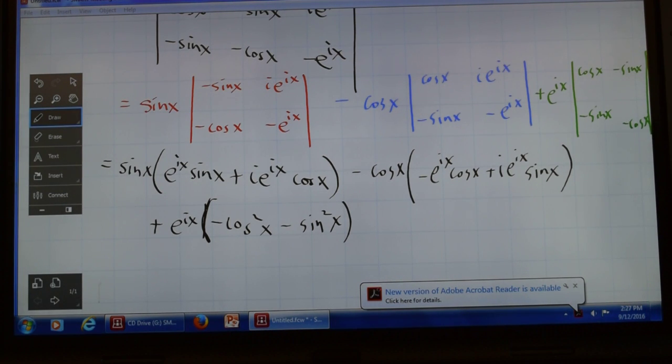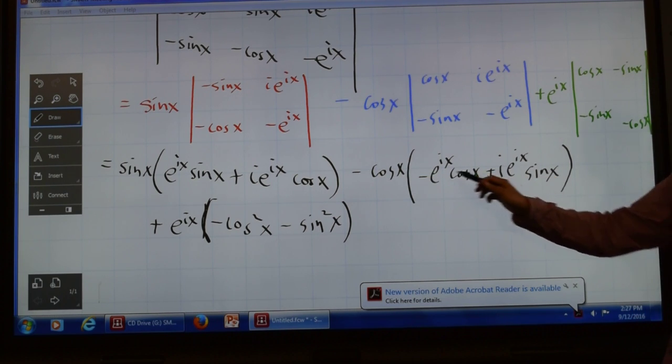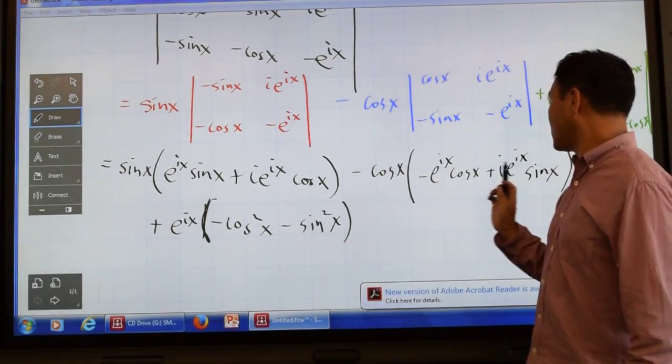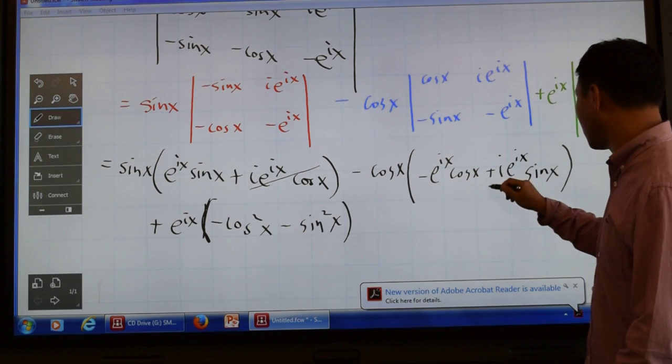So here, if you look at the signs, this is cosine times sine with a minus sign, and it's cosine times sine with a positive sign. They both have i times e to the ix in front, so these two will cancel if you expand.